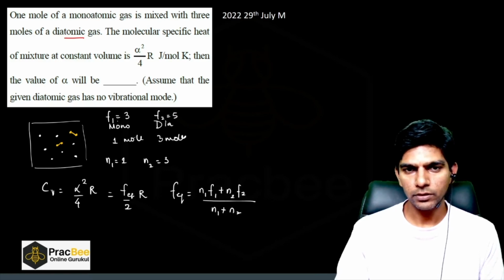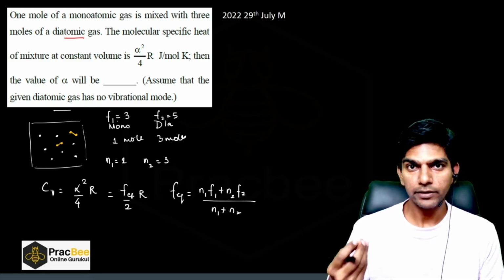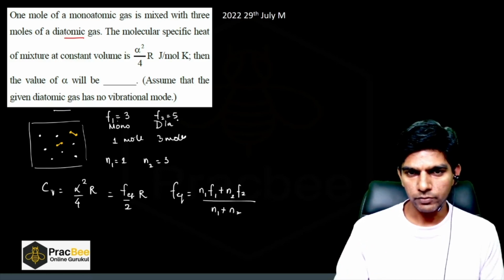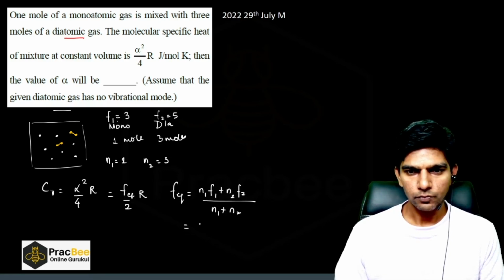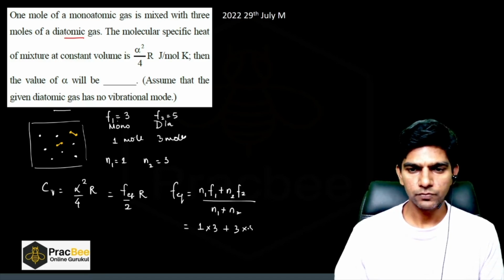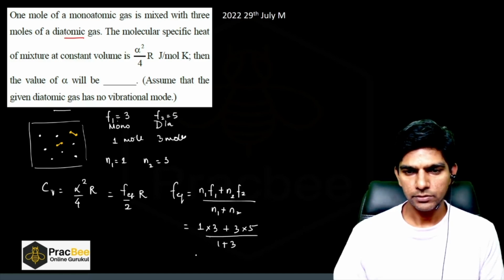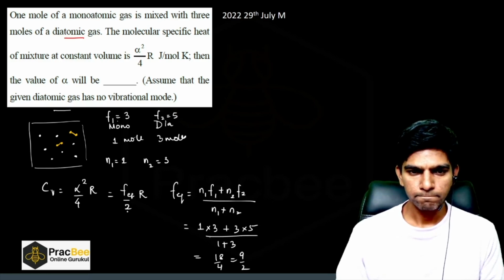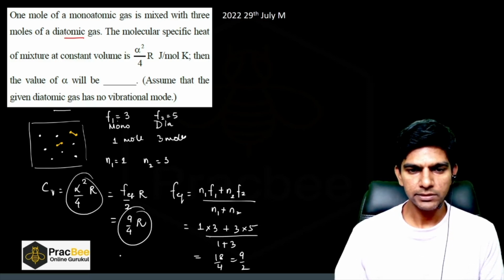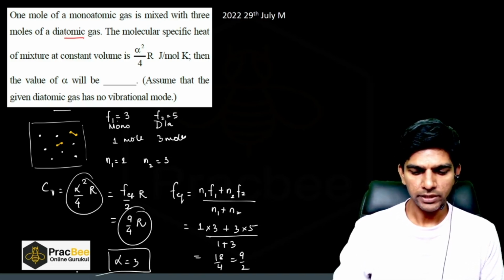If you look at the last statement, it says assume that the given diatomic gas has no vibrational mode, means we have rigid diatomic molecules, so the degree of freedom will be 5. So N1 is 1, F1 is 3, N2 is 3, and F2 is 5. So 18 by 4, which is 9 by 2. So we can say it is 9 by 4 R. If I compare this and this, we can say alpha is 3. So 3 is the answer.